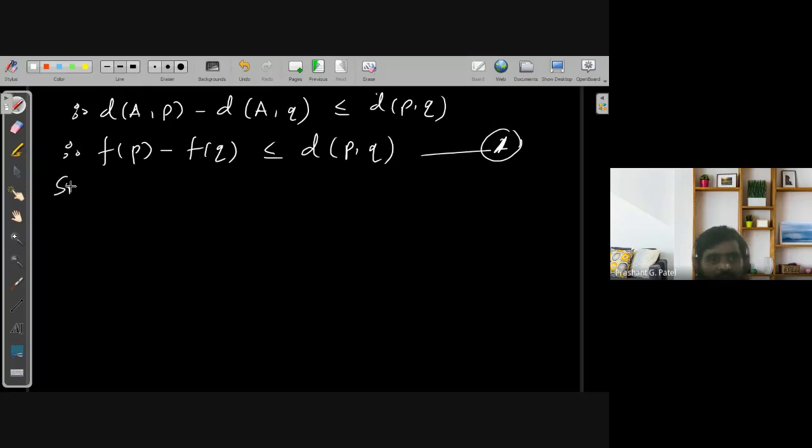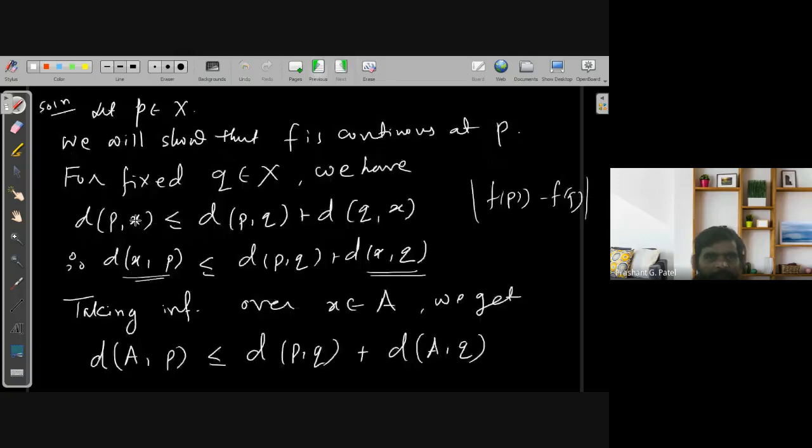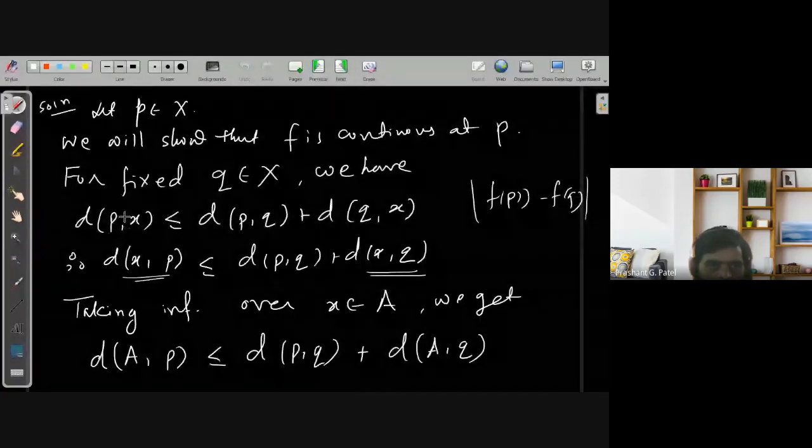Similarly, one can also prove that f(Q) minus f(P) is less than or equal to the distance between P and Q, in the same manner as we did here. That means I started with d(P, x); you can start with d(Q, x), and then use the triangle inequality and we can have this statement.